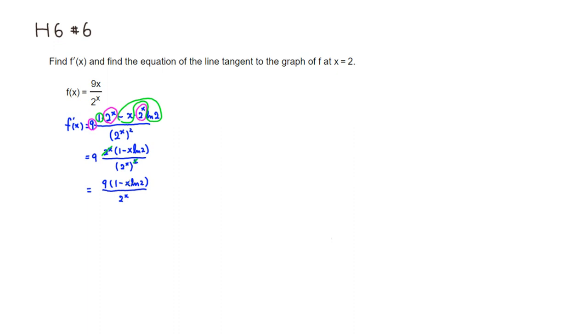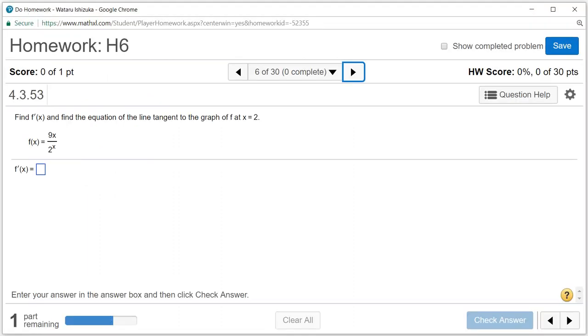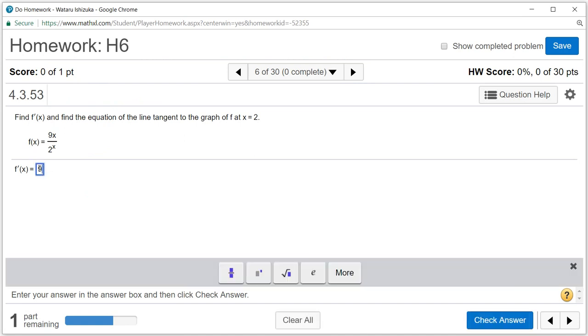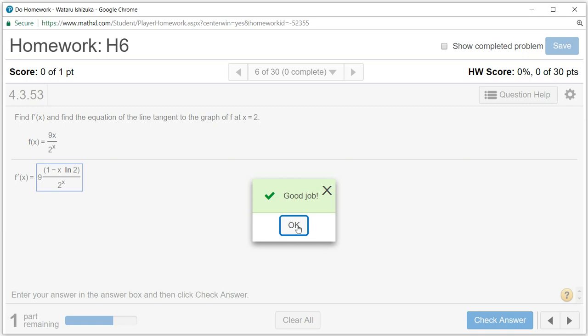Right? So let's type this in. 9 times 1 minus x times natural log of 2, divided by 2 to the x. That looks right. Let's check the answer. So we got that.